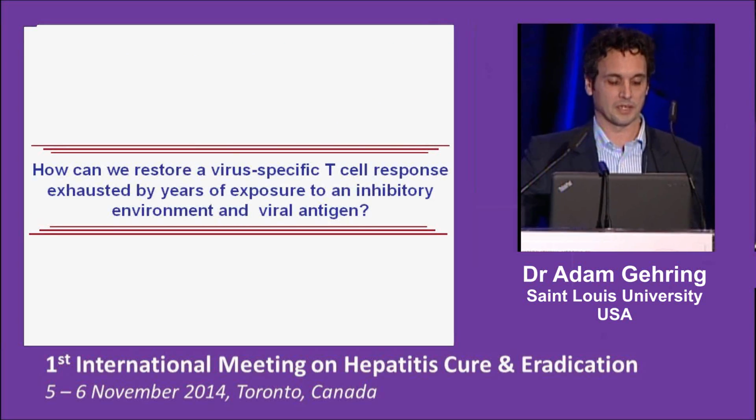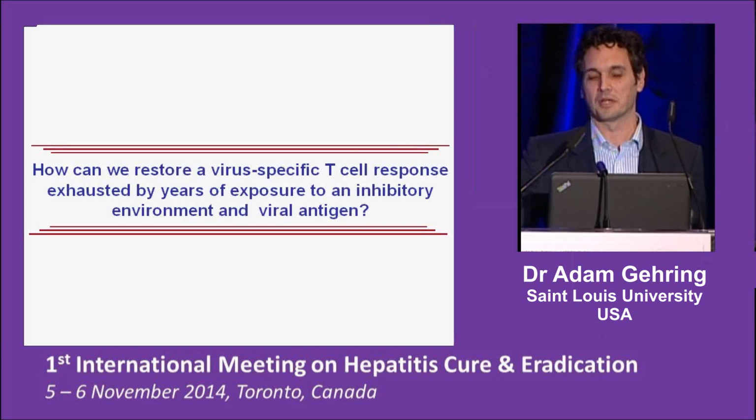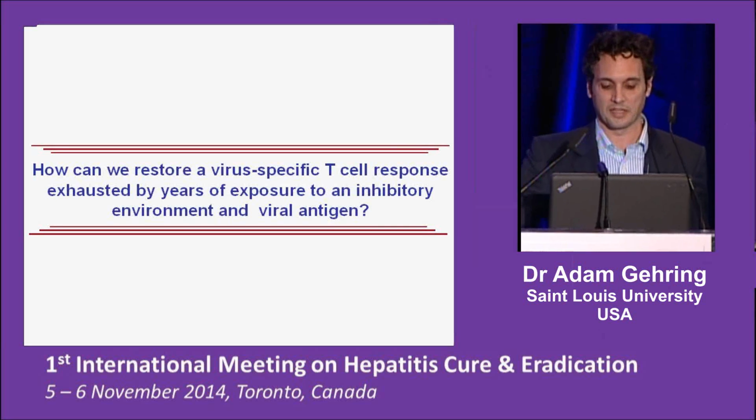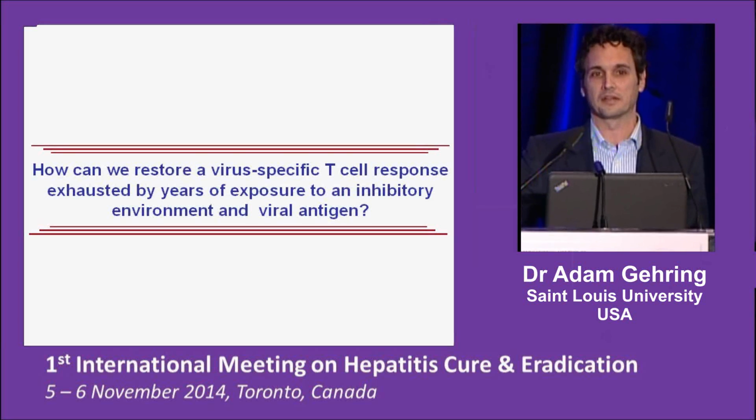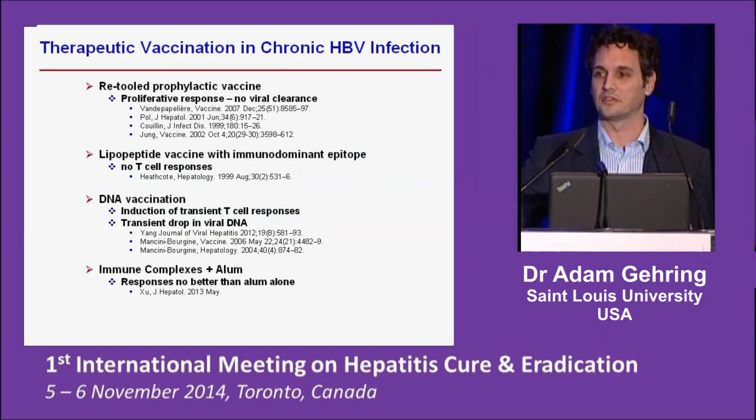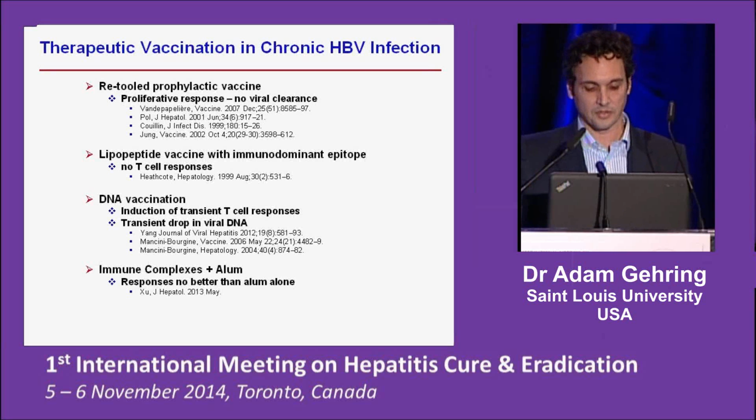But the ultimate response is that after vaccine therapy, we see a transient response. There might be a little bit of a boost in the T cell proliferative response. There might be a slight reduction in the viral DNA for a little bit, but ultimately there's not a durable response. You don't get any good CD8 T cells, which are really responsible for the clearance. And there's very little S antigen loss.